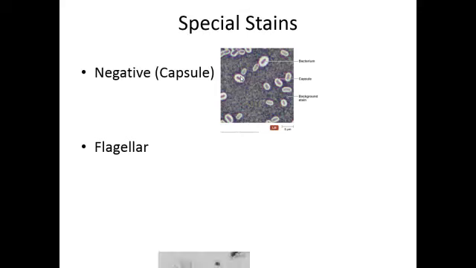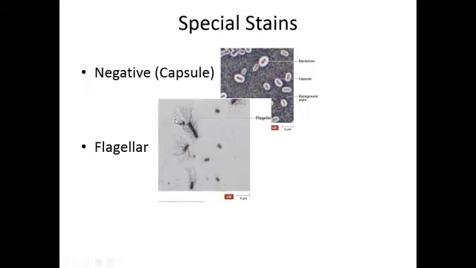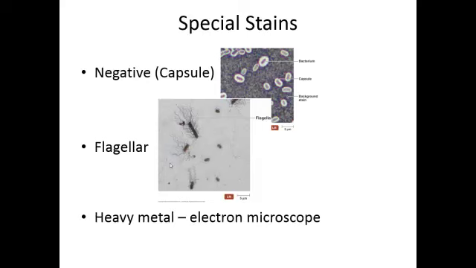Flagellar. We have stains that coat the flagella of bacteria. It's kind of like putting mascara on. Just like mascara makes your eyelashes thicker and easier to see, coating the flagella in a stain makes them thicker and easier to see. This is important when you are using the presence and placement of flagella to identify bacterial species in the genus.